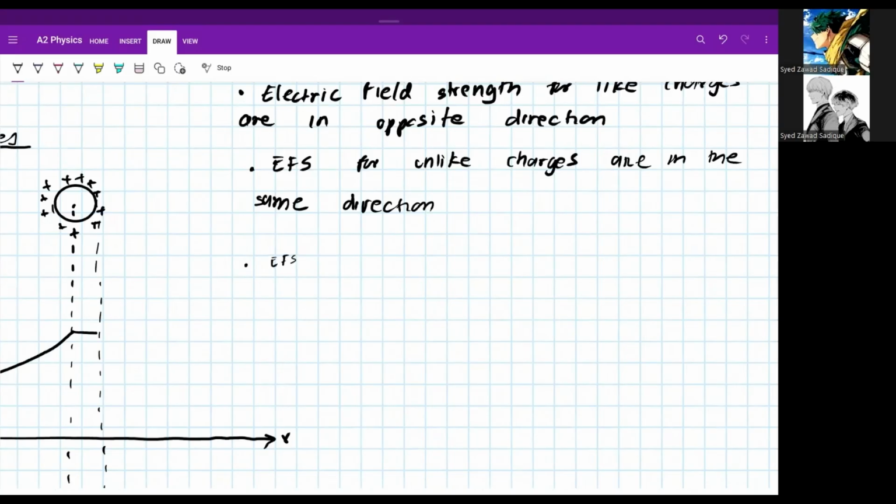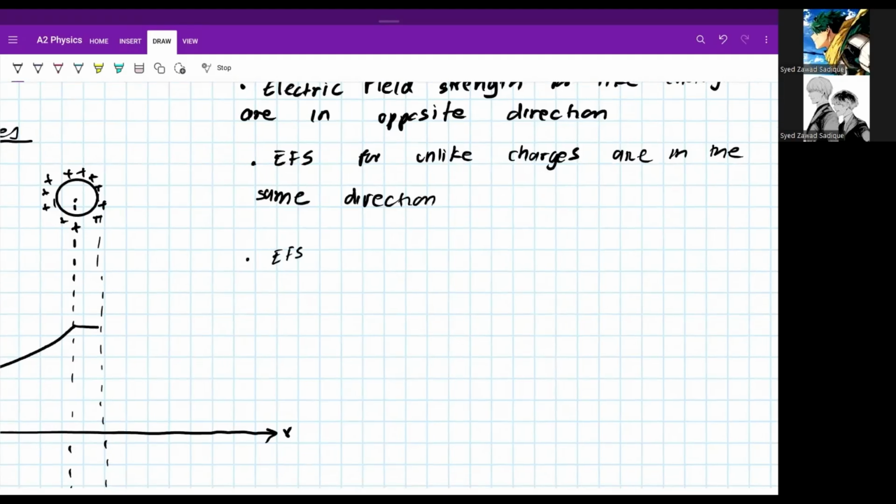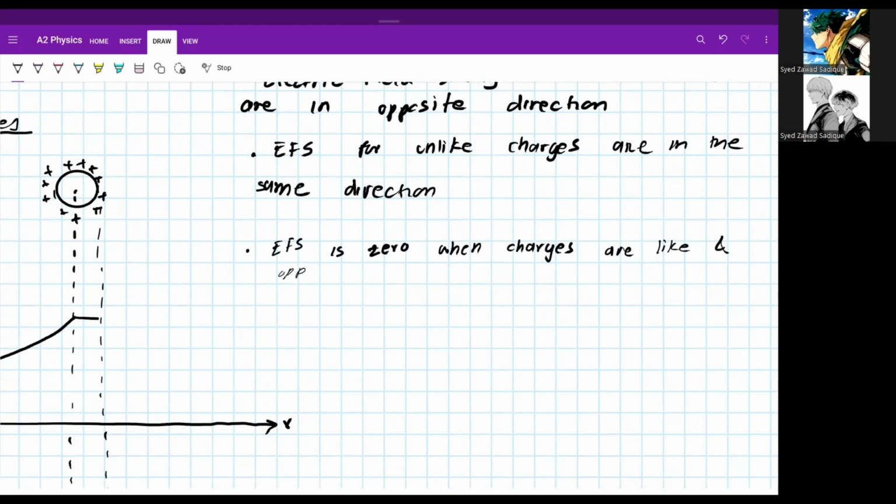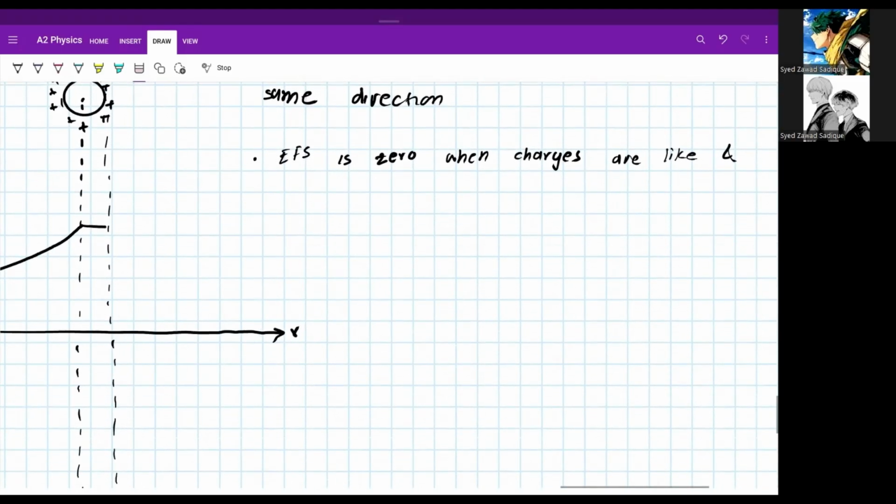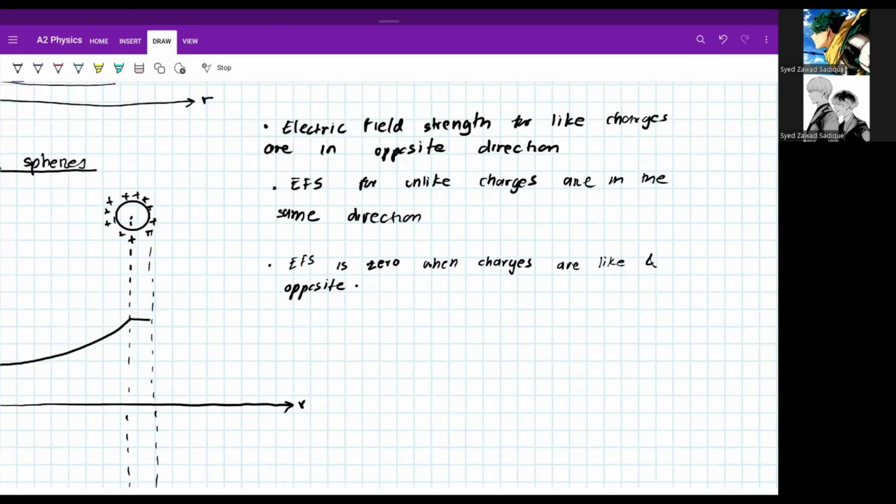Electric field strength is 0 when charges are like and opposite. Oops. I think I should just wipe my tablet screen because it's causing some issues. Okay, it should be good now. Electric field strength is 0 when charges are like and, oops, opposite. Okay, this is for electric field strength.